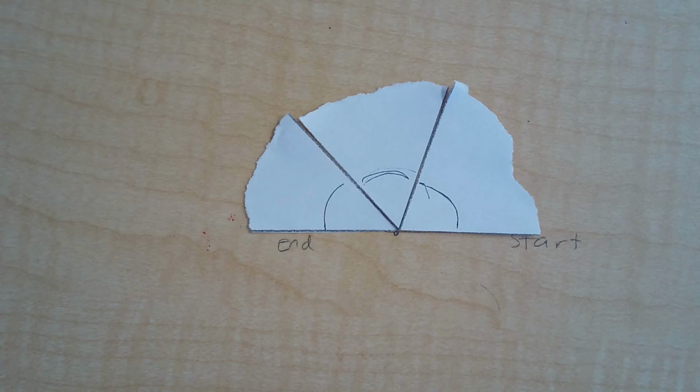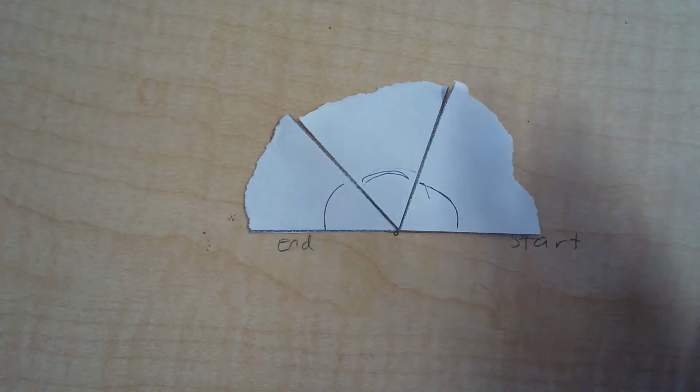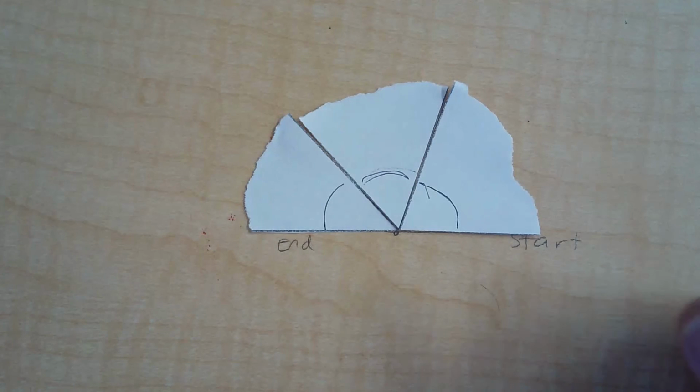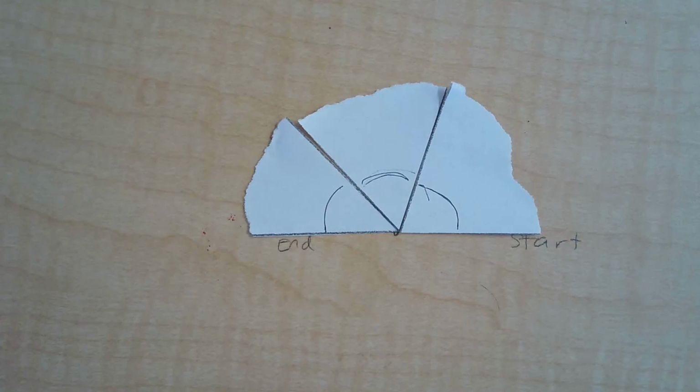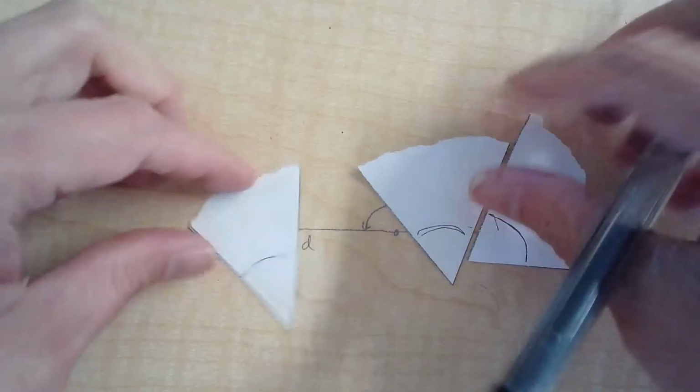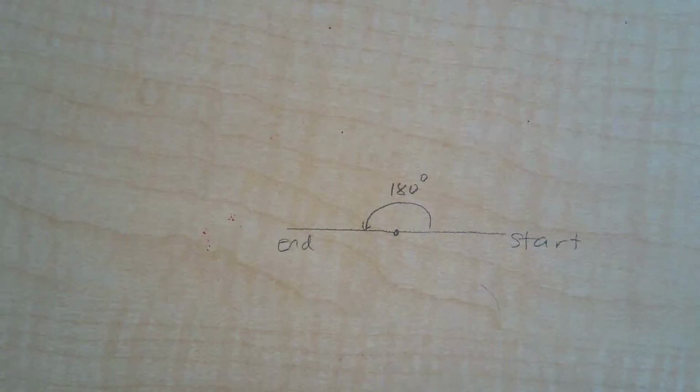Doesn't matter how big the triangle is, all of the angles added together add up to 180 degrees. That's what we did yesterday. Okay, so that's that part.